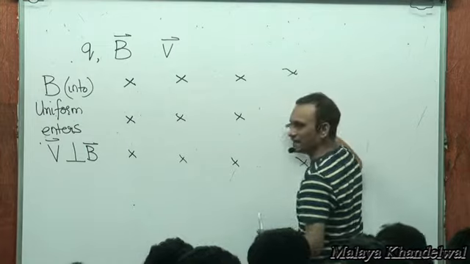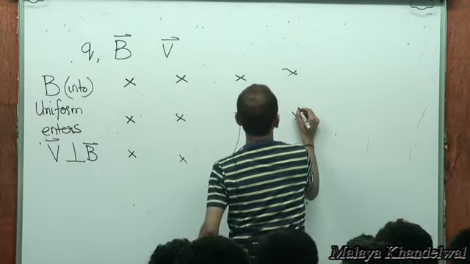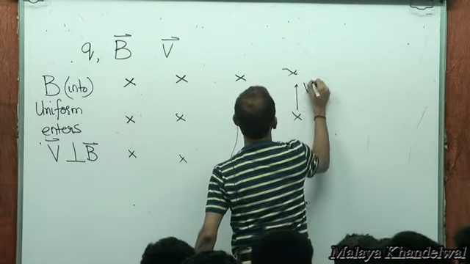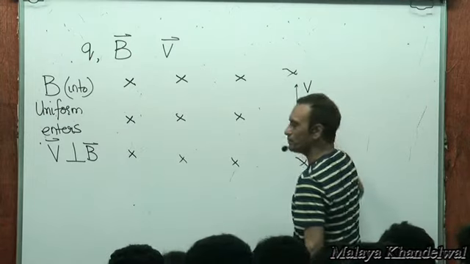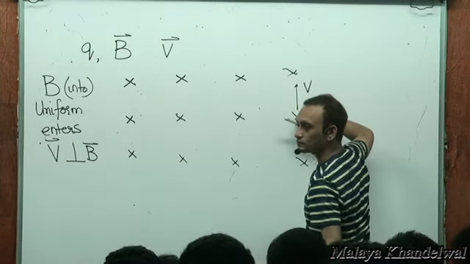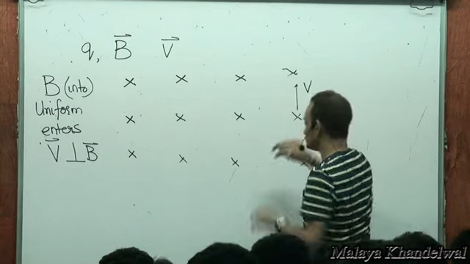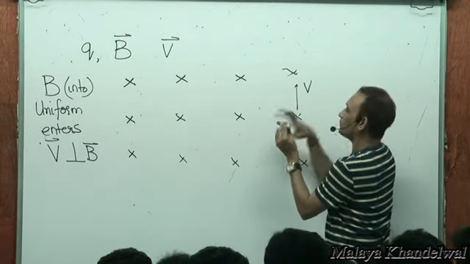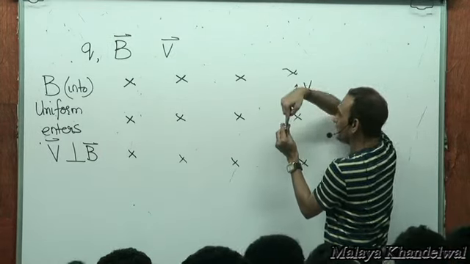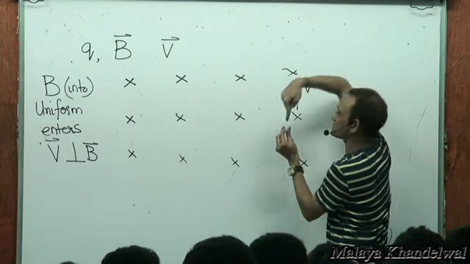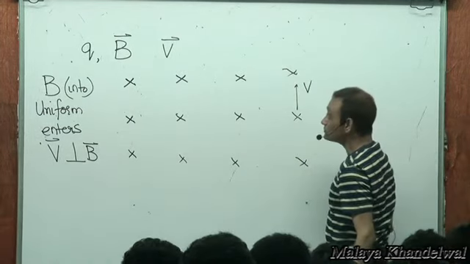That means if B is like this, let's say the charge Q enters with a velocity V, whose magnitude is V perpendicular. B is going into the plane of the board and V like this. Right?